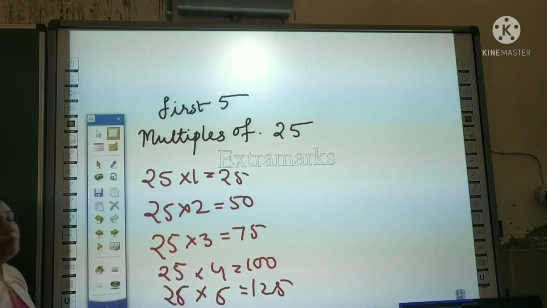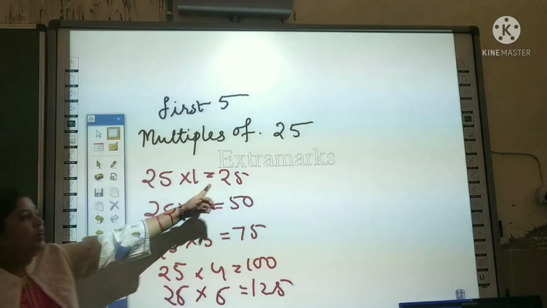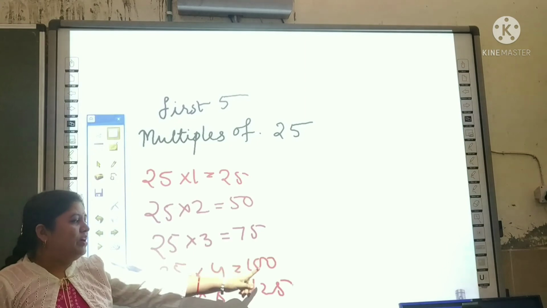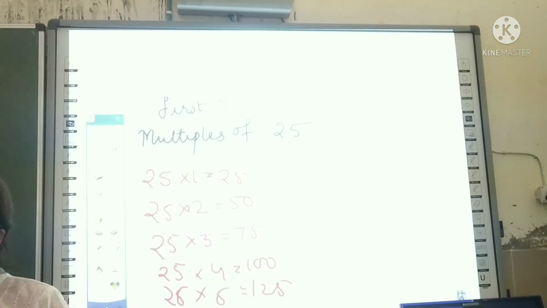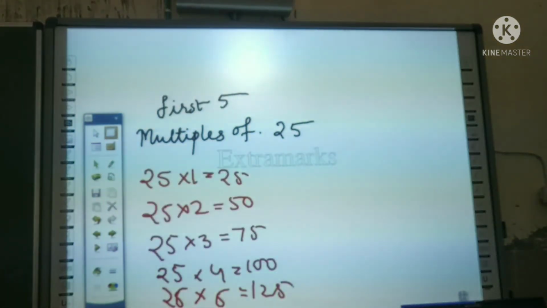So what are the multiples of 25? 25, 50, 75, 100 and 125. These are the first 5 multiples of 25.